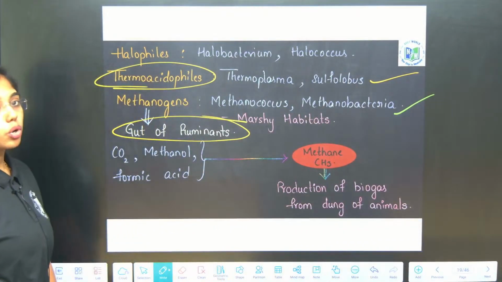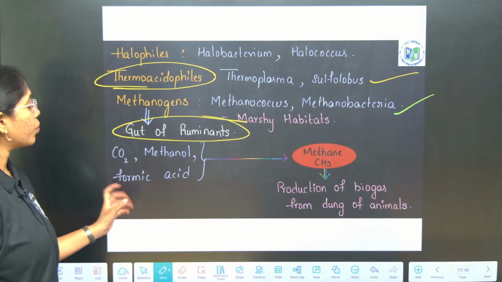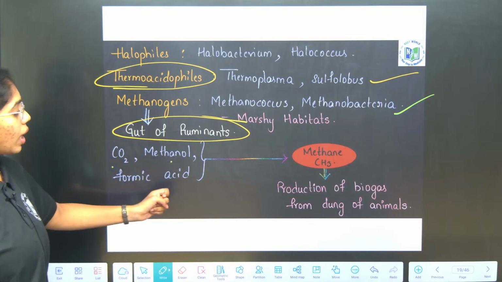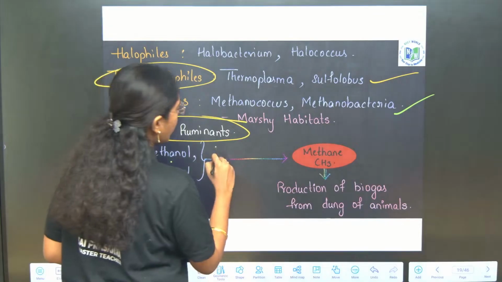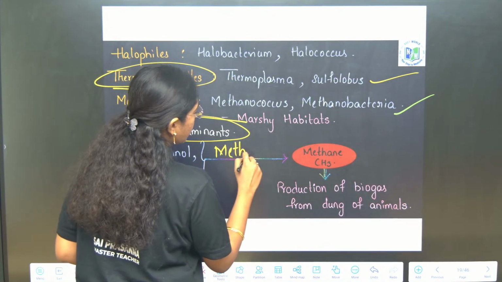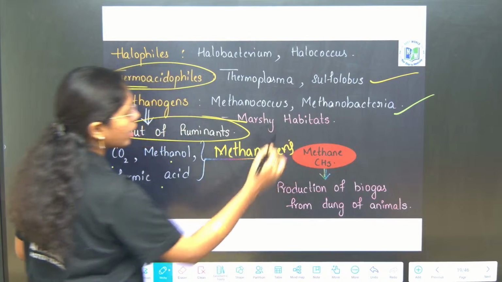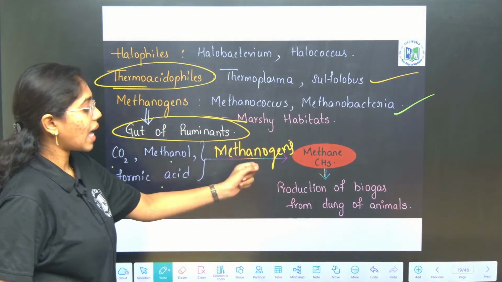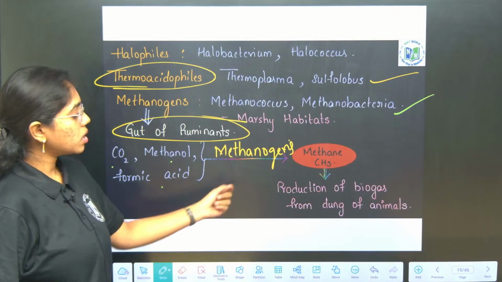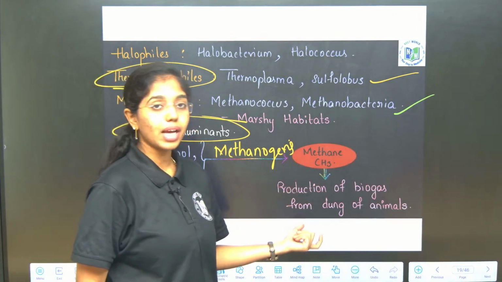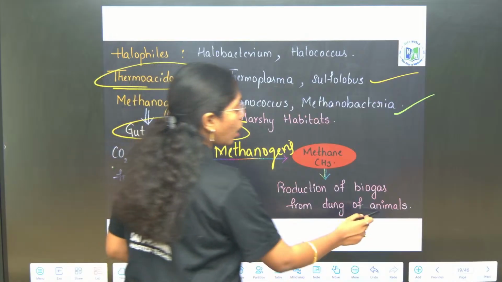What is the major role of methanogens? They convert carbon dioxide, methanol and formic acid into methane gas. This methane gas serves as biogas. This is the production of biogas. How is the biogas produced? From the dung of animals.